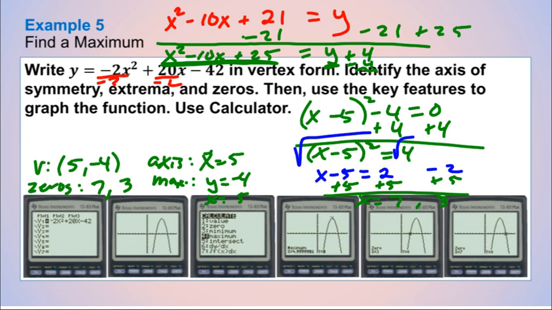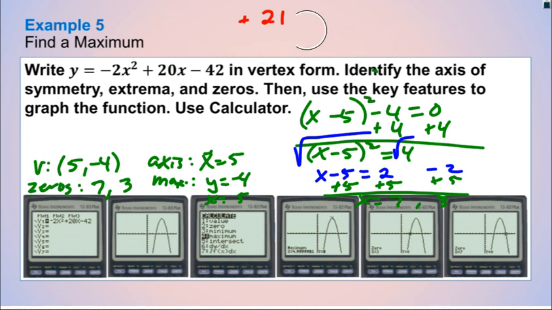So to start off again here, I'm going to add 42 to both sides. So now I have, on one side, -2x squared plus 20x equaling positive 42.